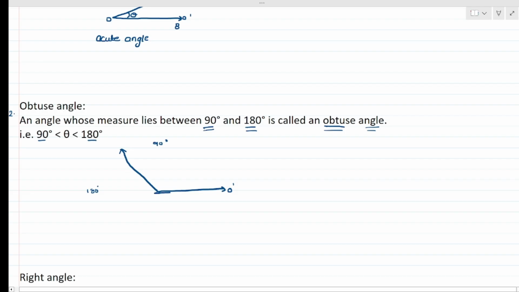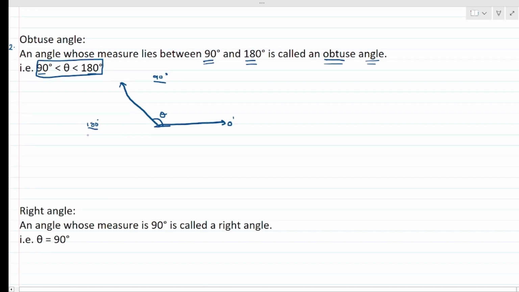Okay, so these types of angles. Suppose this angle of ours is theta. So as you can clearly see over here, our angle theta lies between 90 degree and 180 degree. That is why this type of angle is called an obtuse angle. You should always remember the value of an obtuse angle will always be more than 90 and less than 180 degree.